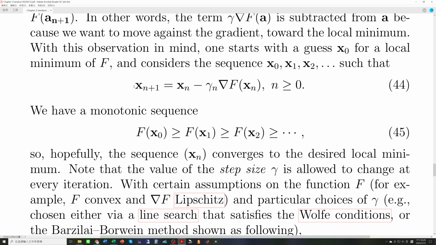That is xn plus 1 is equal to xn minus gamma n times the gradient of f of xn, where n is greater than or equal to 0.